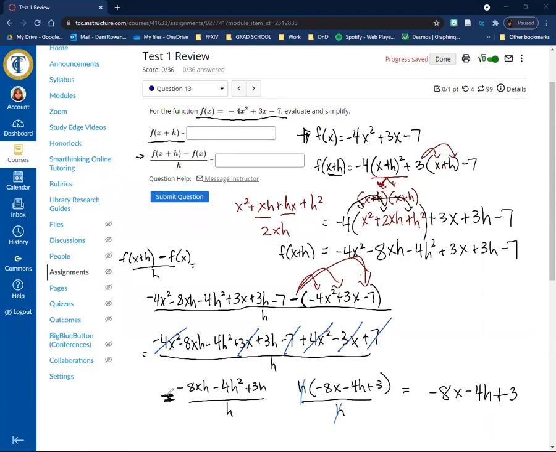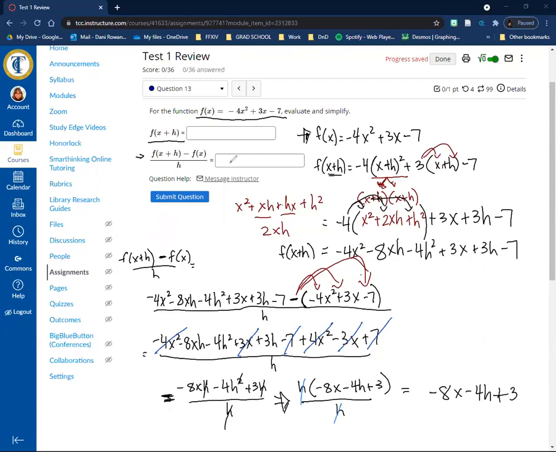If you get to this step and you're like, oh, there's an h in every term, I'm going to take out an h, take out an h, take out an h, and cancel with that. Yeah, you can absolutely do that. Doing this step tends to help us stop from making mistakes, like maybe taking out too many h's here. Or maybe there's not an h in every term, so you can't do that.